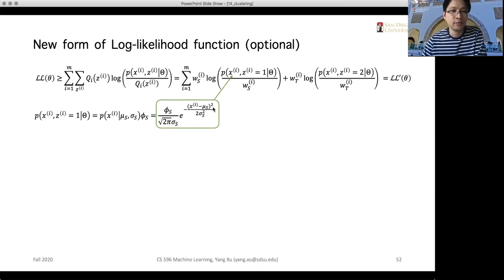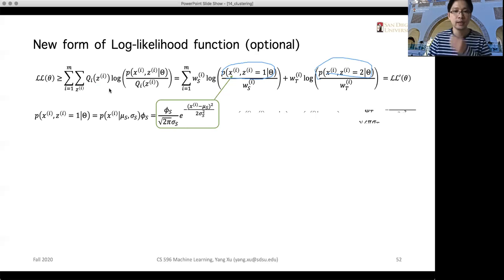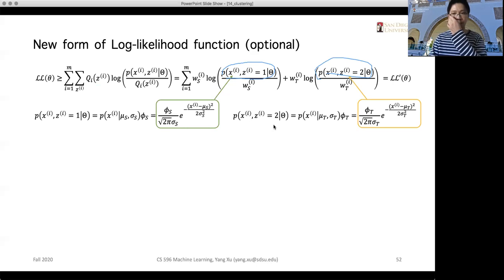The remaining parts within the logarithm function, which is the likelihood of the data, can be replaced by the PDF of a Gaussian. So this term can be replaced by the Gaussian for salmon, and this term by the Gaussian distribution of tuna. Now everything is a known variable, a known parameter.